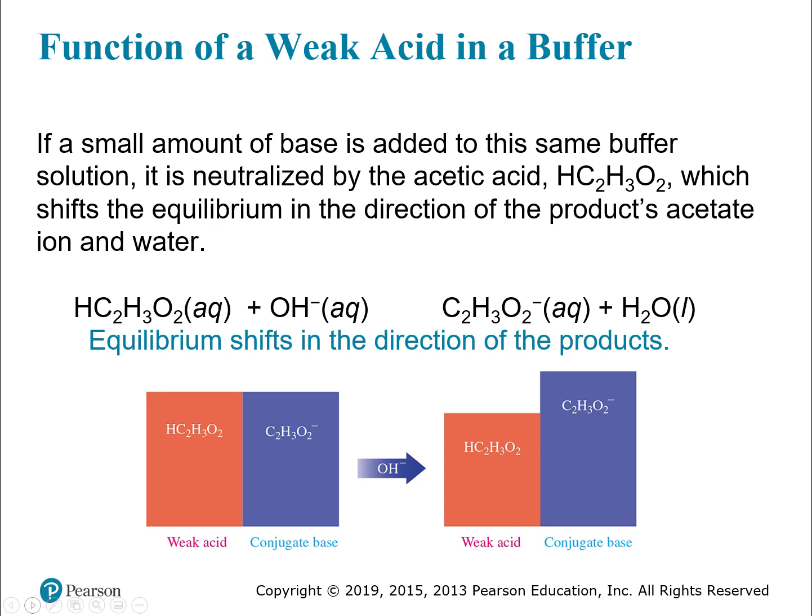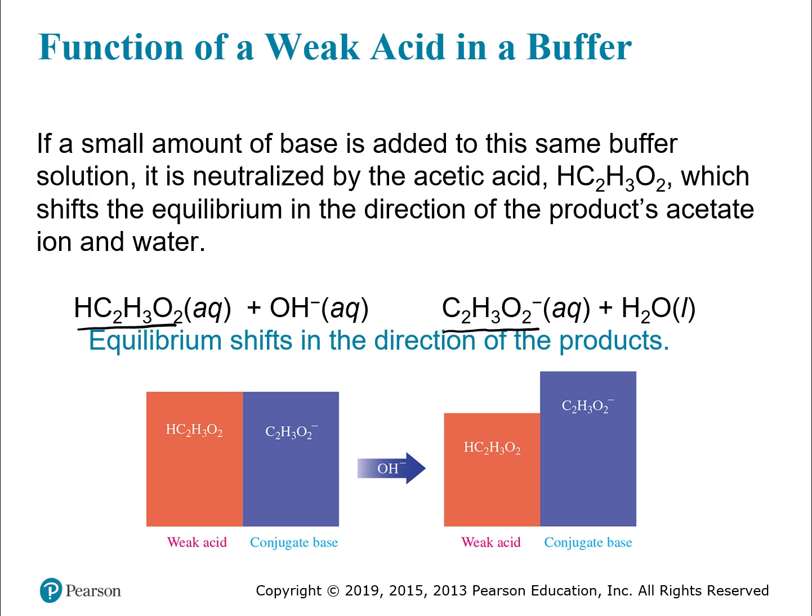So when we have this weak acid in a buffer, we've got some chemistry going on. Let's say that we've got this buffer that has acetic acid, lots of it, and it's got a lot of the acetate ion, which is the conjugate base.